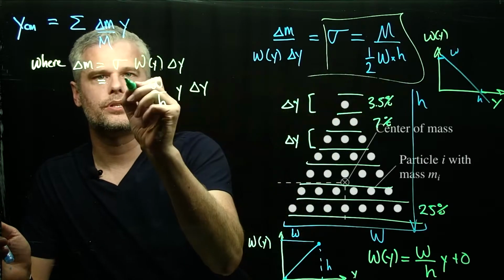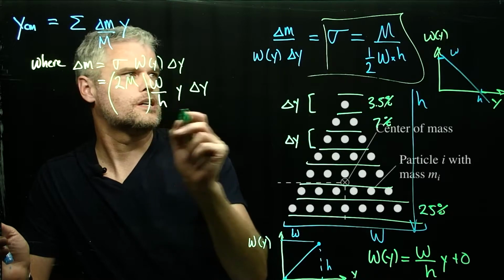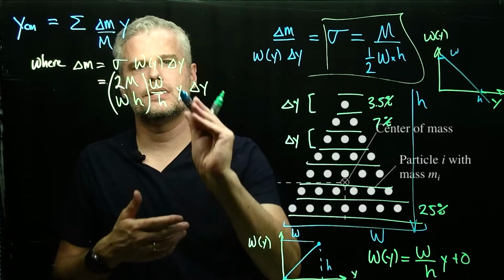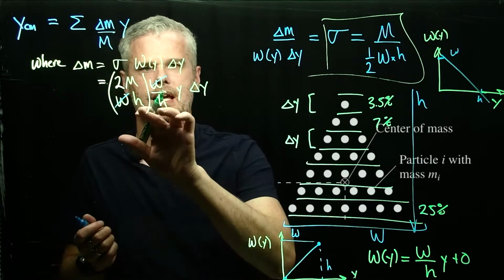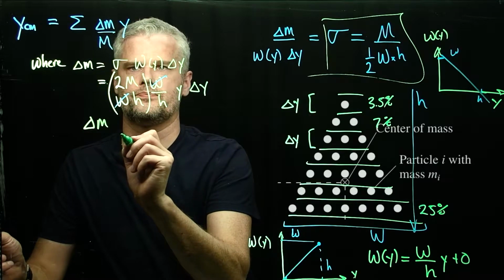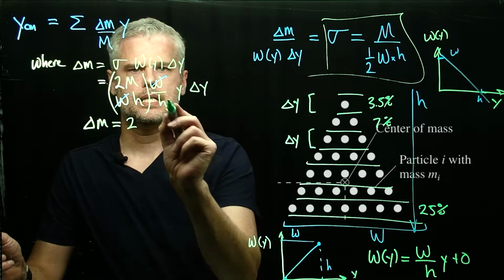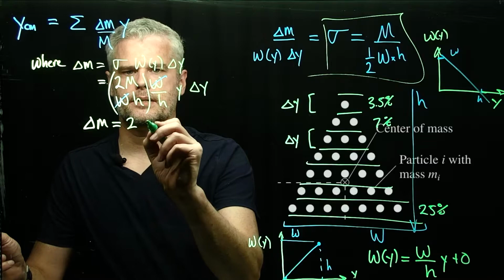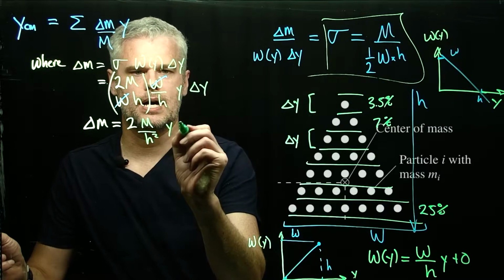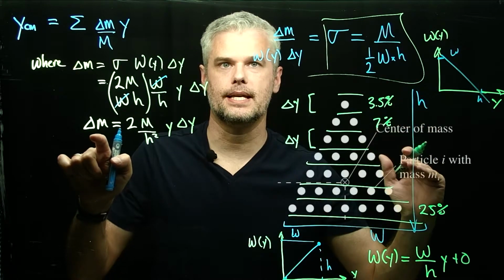Sigma is equal to, the 1/2 comes up here, and I'm going to divide this by width times height. Now notice the width cancels the width, and I have a height squared. So the mass is equal to 2 times the mass over h squared, y delta y. That's how my mass changes from slice to slice.